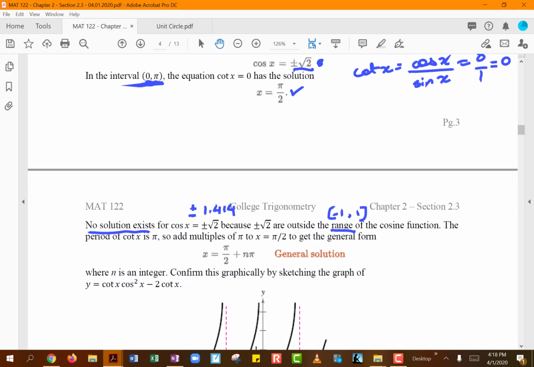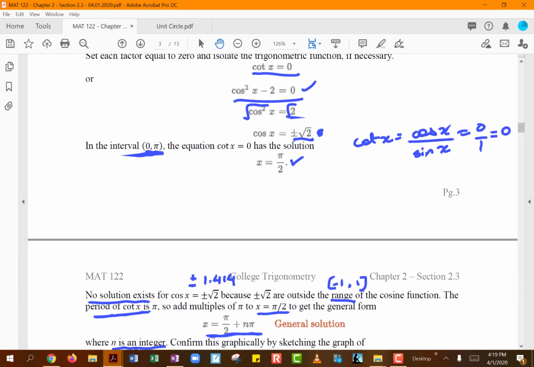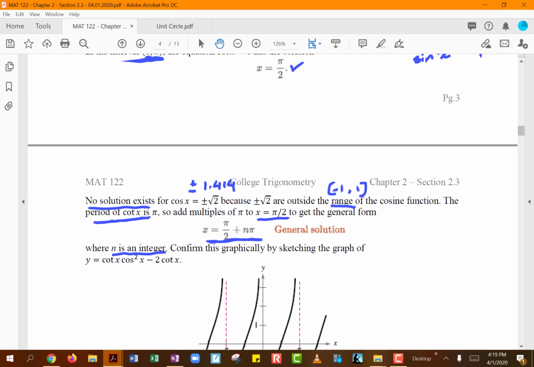So the only solution we got was from our cotangent function. And for the cotangent function, we got x equals pi halves. And since the period of the cotangent function is pi, your general answer is going to be pi halves plus n pi, where again, your n is an integer. Okay, so I hope this kind of made sense to you.